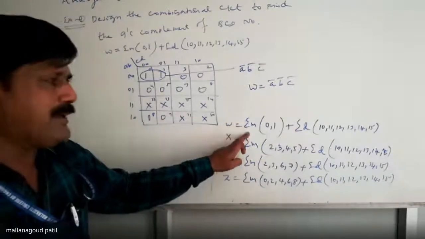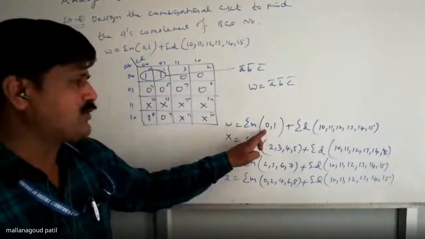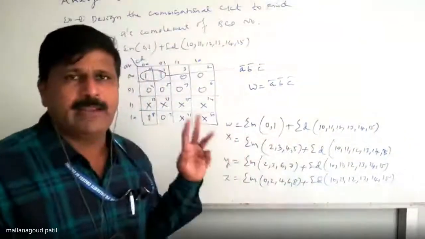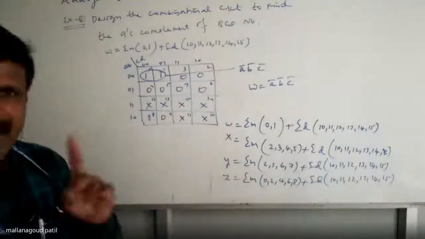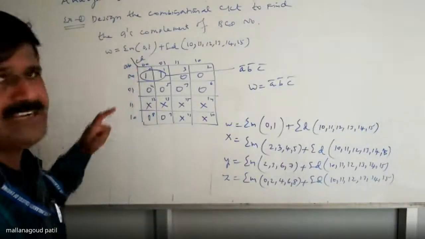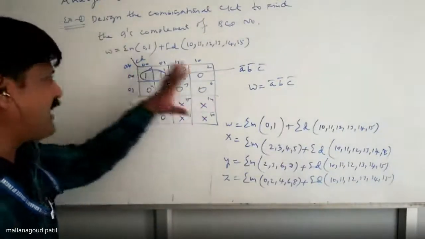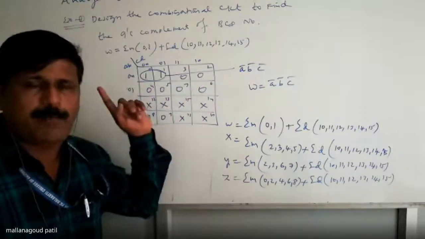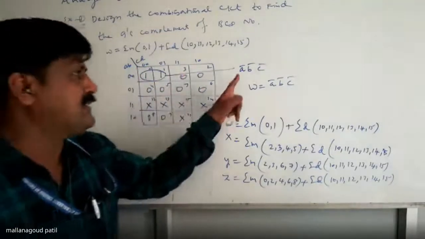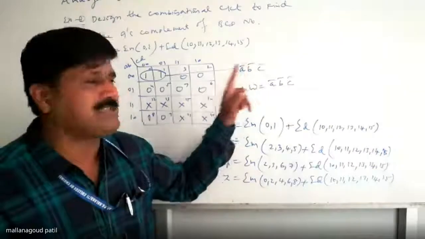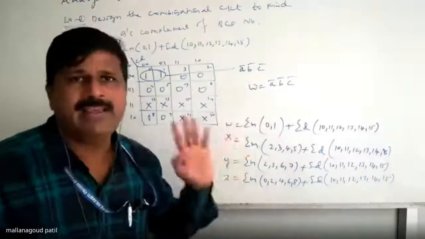W is 4-bit because of minterms 0 and 1, as well as the don't cares from 10 to 15, so the input variables needed will be 4. I considered inputs A, B, C, D, so I took AB and CD. Then I took 16 cells, arranged the K-map, entered the minterms, and grouped for minimization. I got a single group, a pair, and the address will be A bar, B bar, C bar. Therefore, W equal to A bar, B bar, C bar.